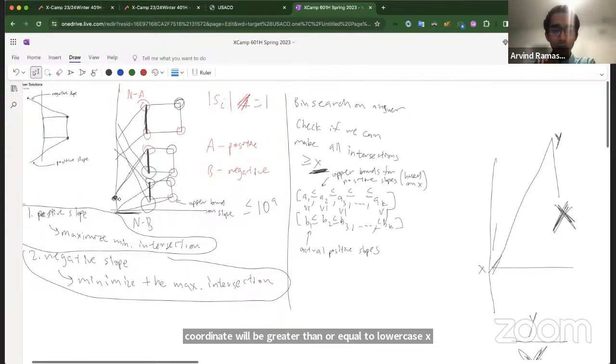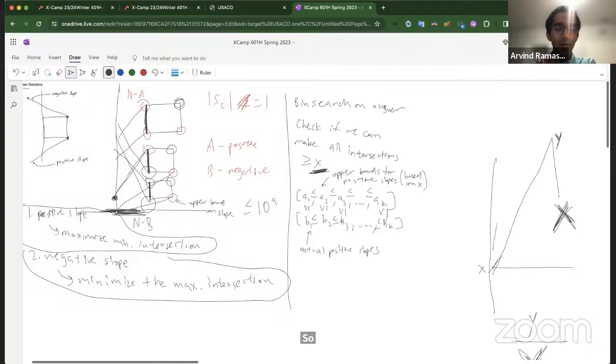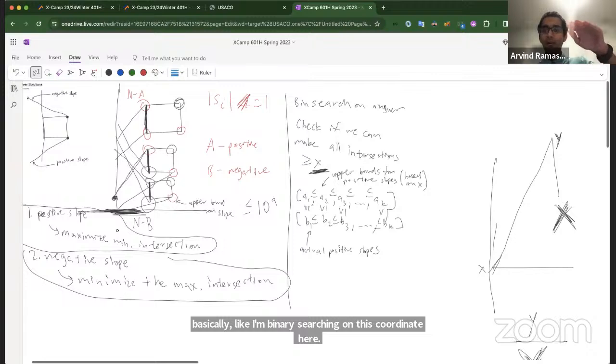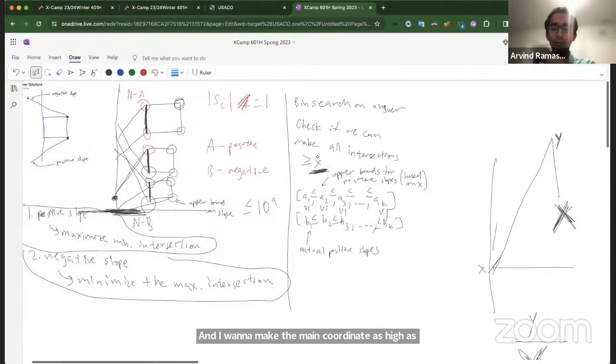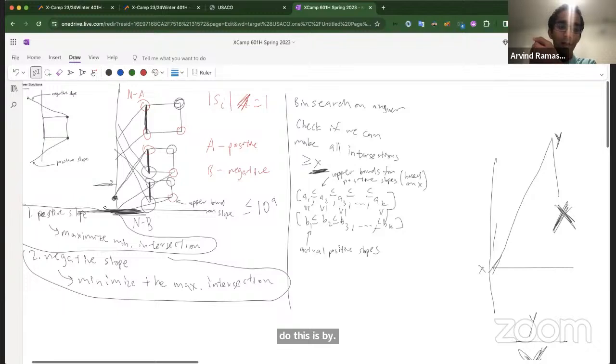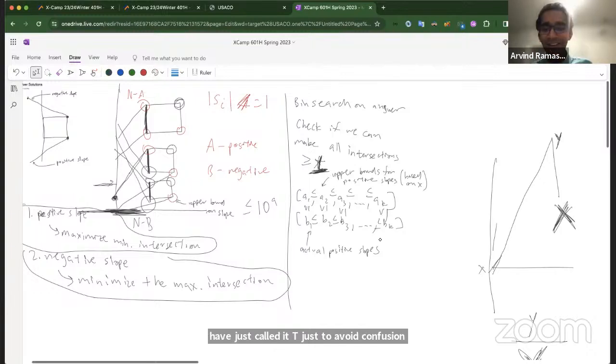Basically I'm binary searching on this coordinate here, and I want to make the min coordinate as high as possible. One way to do this is by binary searching on what this value is. I could have just called it T to avoid confusion. Okay, I'll call it T.